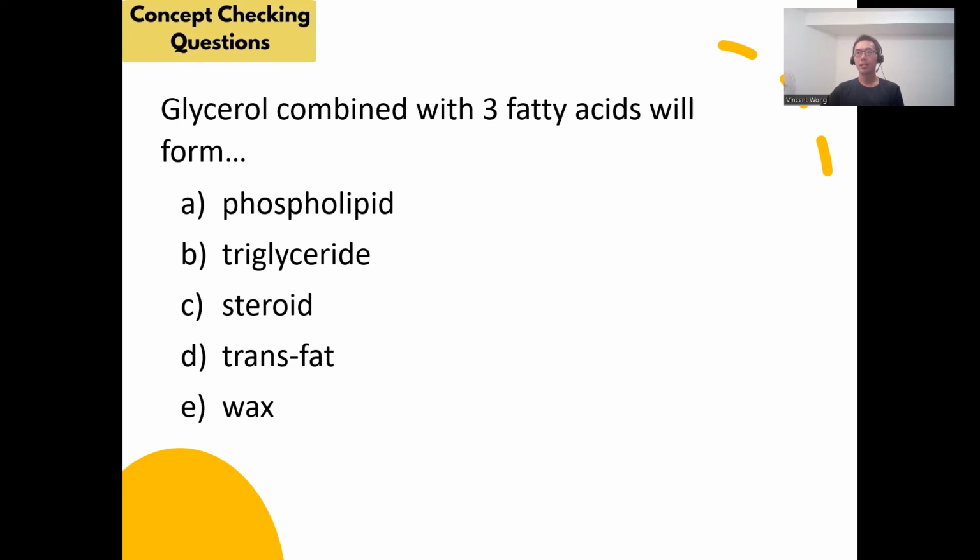All right, a couple more seconds. Most of you got it right. The correct answer is the triglyceride. Tri means three fatty acids.